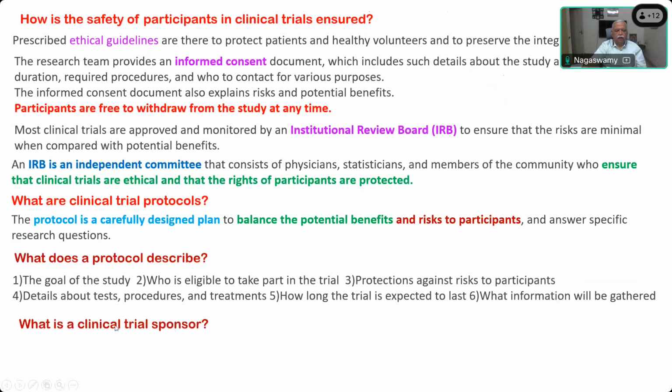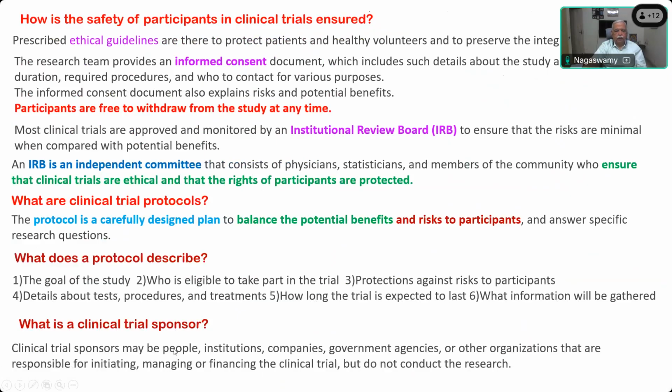Who or what is a clinical trial sponsor? Sponsors may be people, institutions, companies or government agencies and other organizations, and are responsible for initiating, managing and financing the clinical trial, but they do not actually conduct the research.